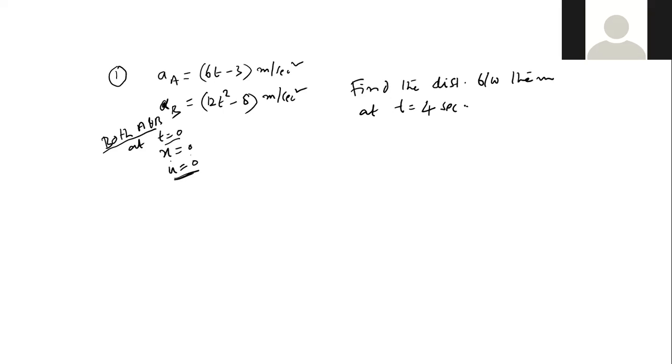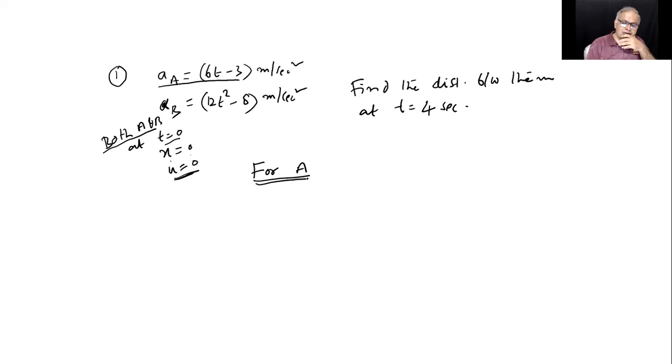Yes, sir. So the acceleration can be written as dv by dt. For A, we can integrate. I'll do A first. I should find out S of this, S of that at t equals 4, so I'll know the distance between them at t equals 4.